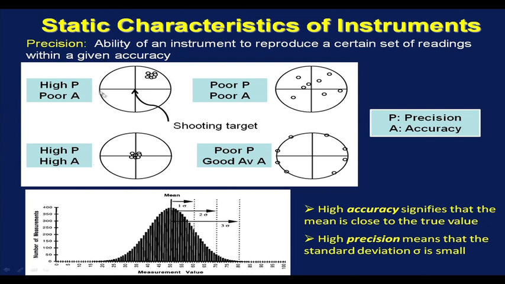Now, here is a set of outcomes of the person's shooting practice. In this case, he missed the target, but all the bullets are here.